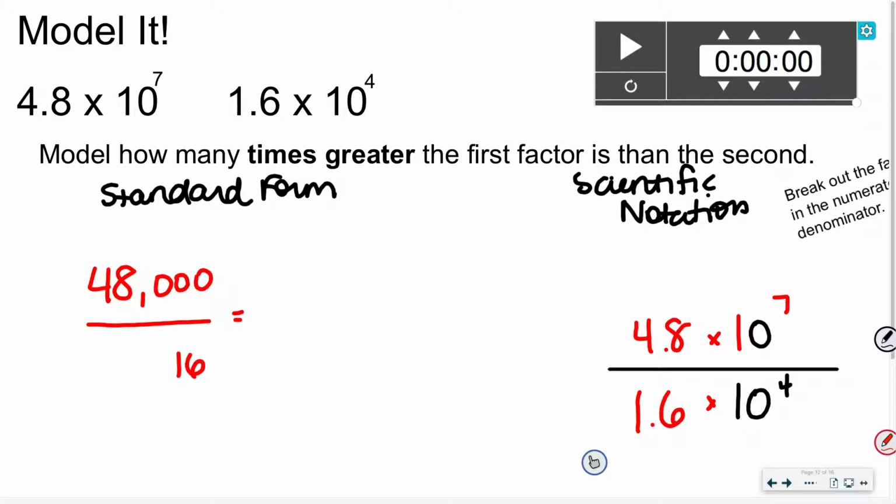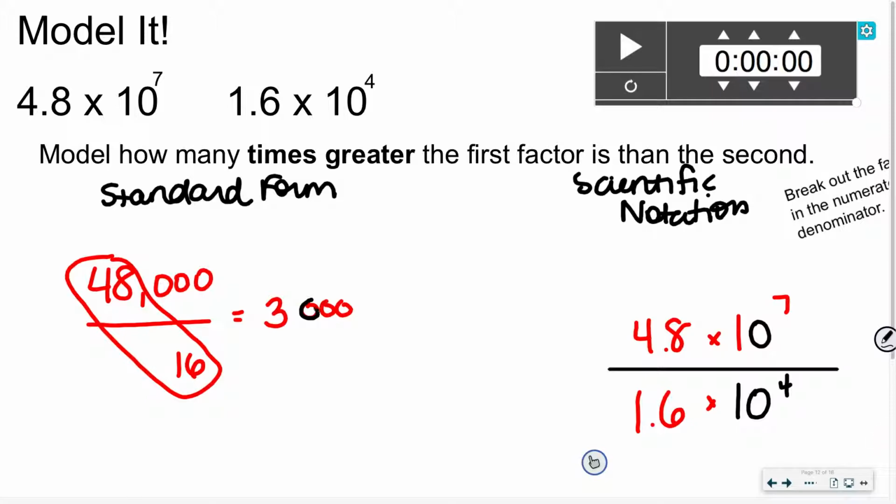I can divide them. 48 is divisible by 16. What is that divisible by? 3. So if 48 divided by 16 is 3, then 48,000 divided by 16 must be 3,000.